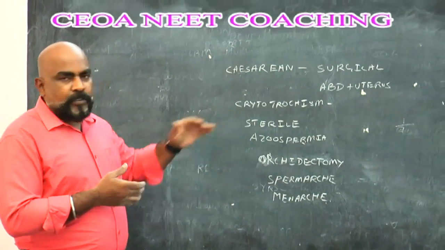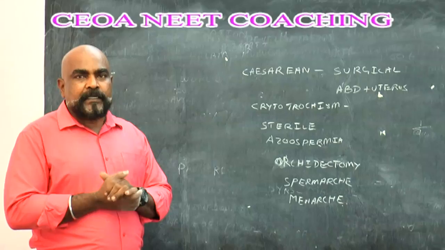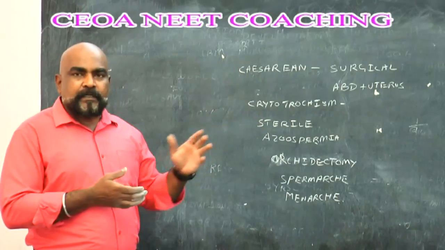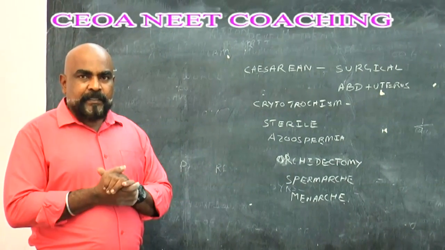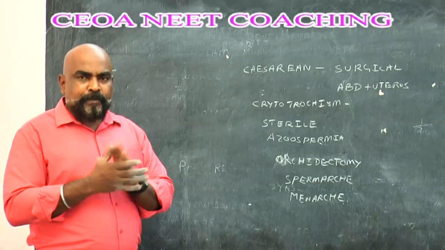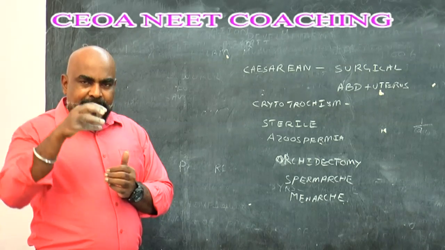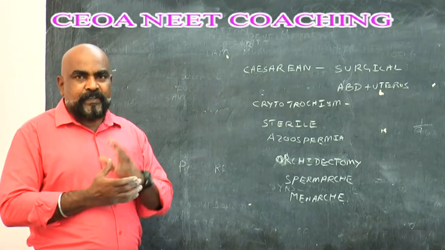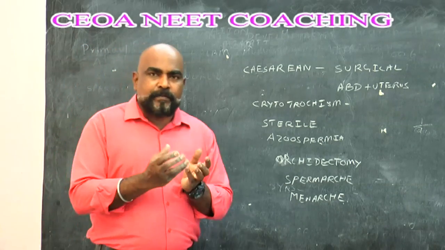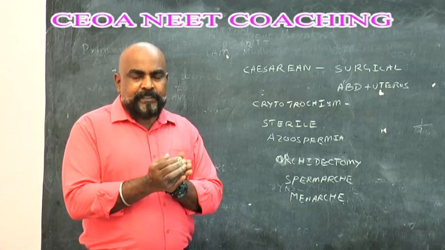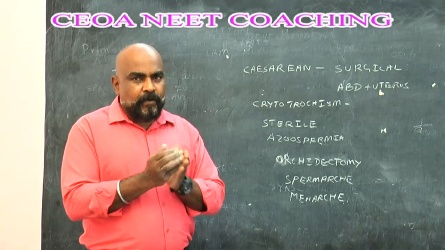And cryptorchidism. Crypto means hidden and orchid refers to the testis. In a male child, the testis has to descend into the scrotum. As we have seen already, the testis needs an optimal temperature, not very high, not very low.